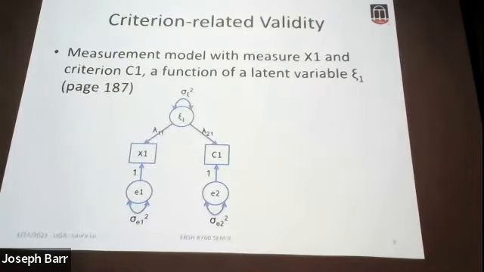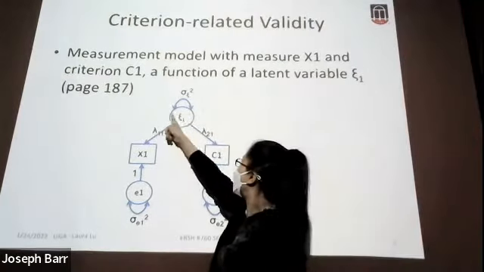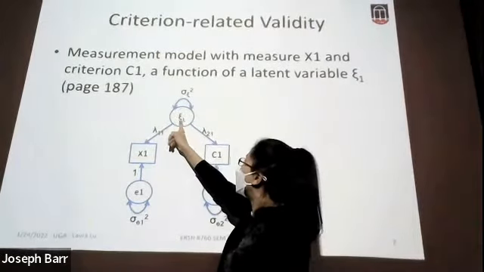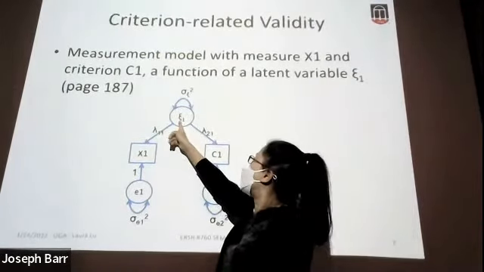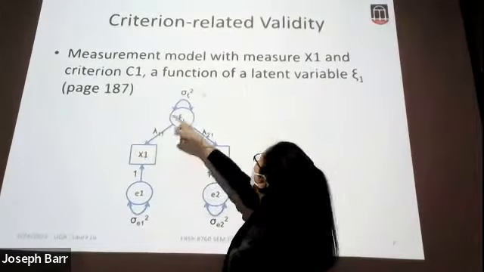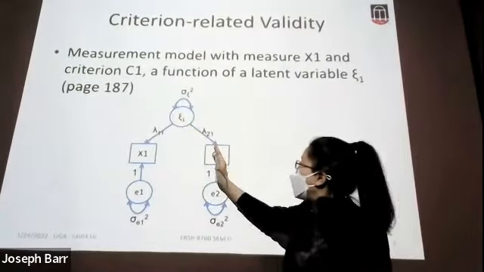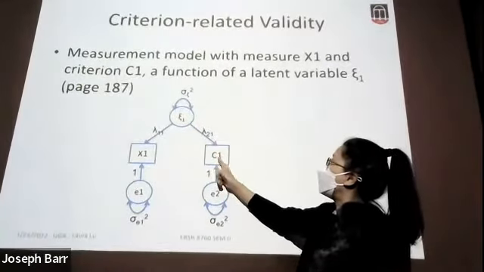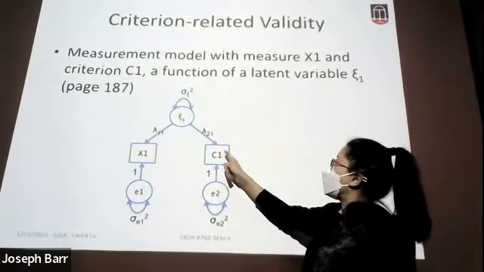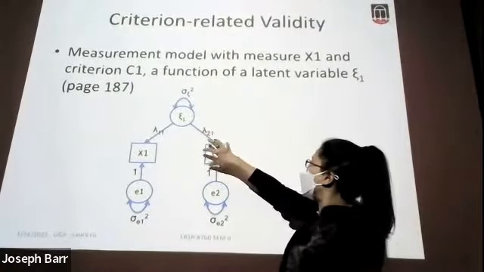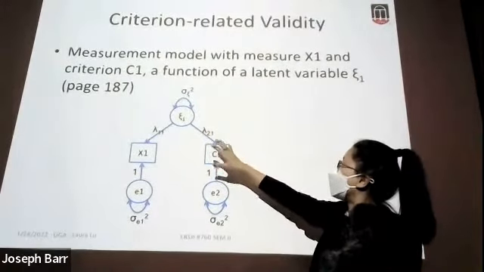So here we have the true score here. This is C1, the true score we're trying to measure. We have the measure X1 here, okay? This is our observed score. But we do have a criterion here, C1 here. C1 actually is another measure, but this is an existing system.